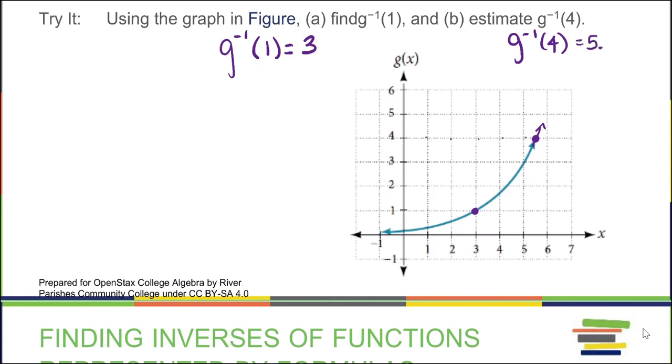So I'm thinking it's 5.5. So here we're given the y's and we're finding the x's because, in this case, for the inverse, what would be the y for the regular function is now the x, or the input value for the inverse function.